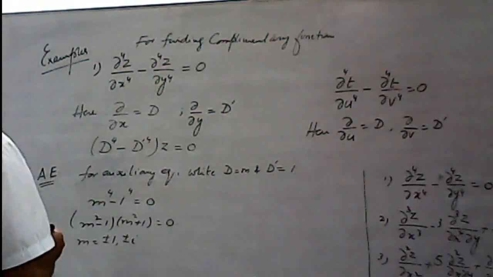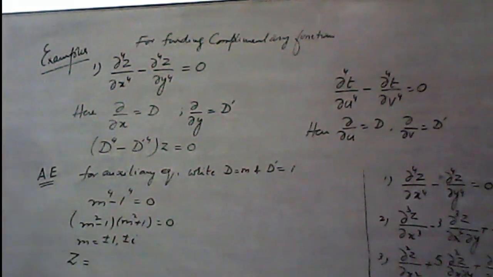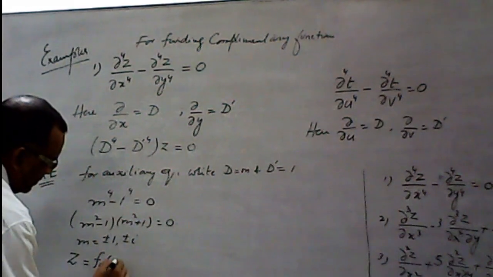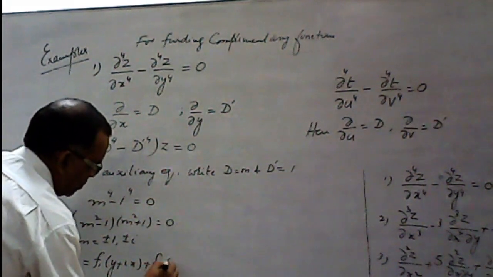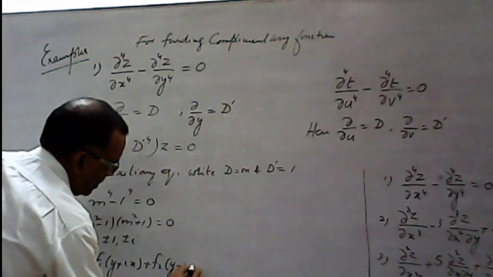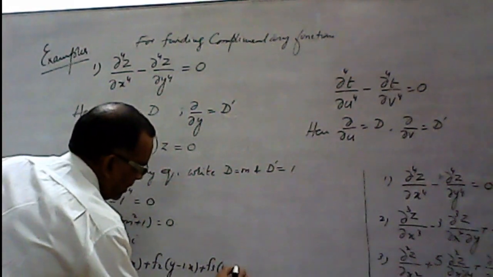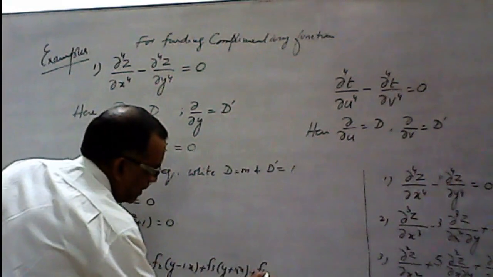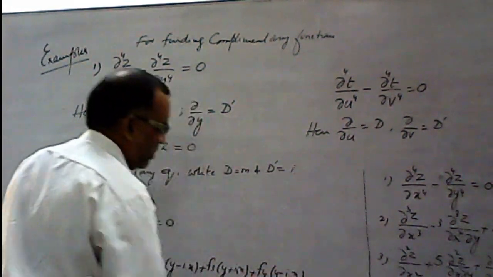So here in PDE we need to write z equal to f1(y plus 1 into x) plus f2(y minus 1 into x) plus f3(y plus iota into x) plus f4(y minus iota into x).